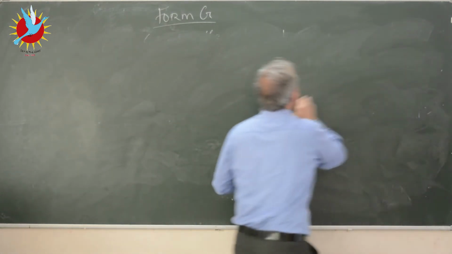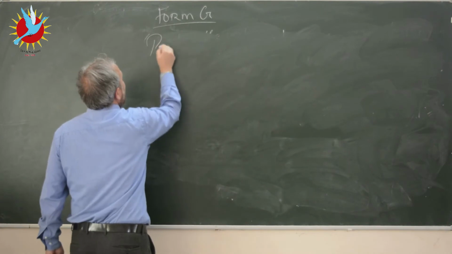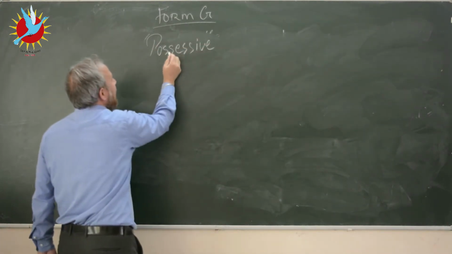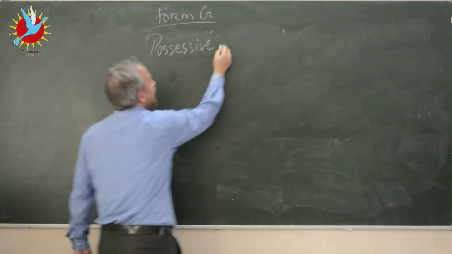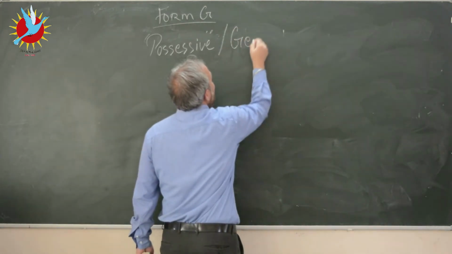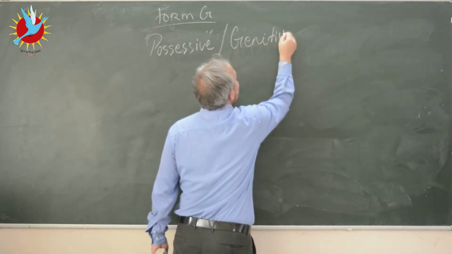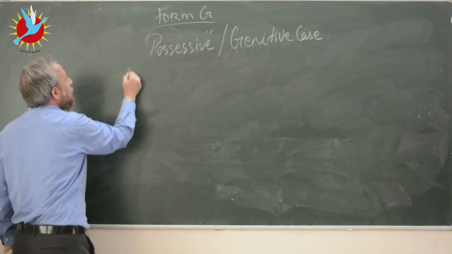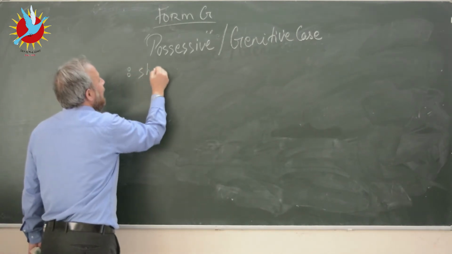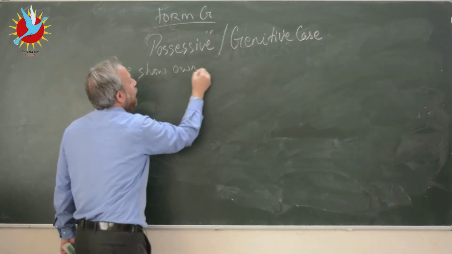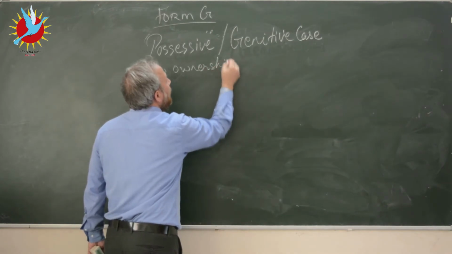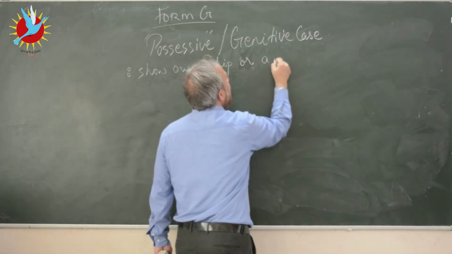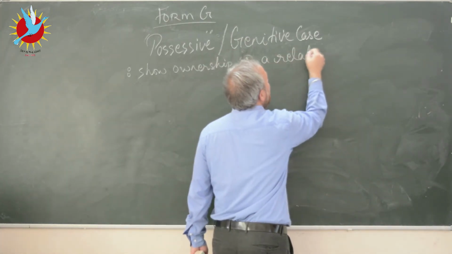Possessive, first of all be careful of the spelling: P-O-S-S-E-S-S-I-V-E, possessive or genitive case. These nouns show ownership or a relationship.